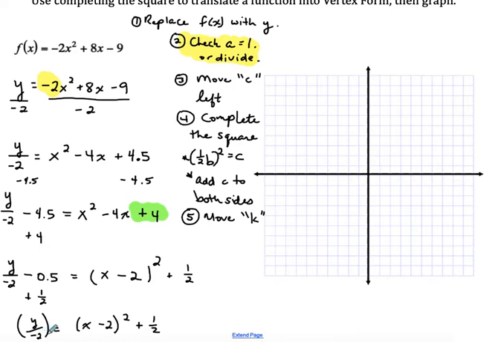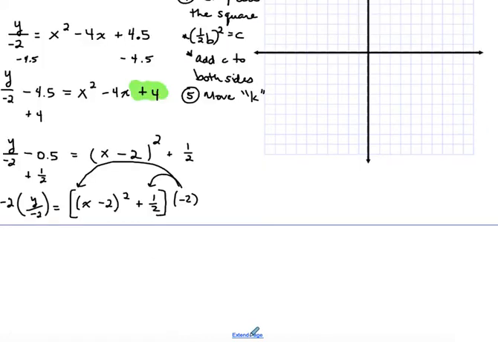So on this side, I have to multiply everything by negative 2, which means on this side, I have to multiply everything by negative 2. And I have to distribute that into both of the terms. But I have to be a little careful because my first term is this square. So I'm just going to rewrite that as negative 2 times this squared term.